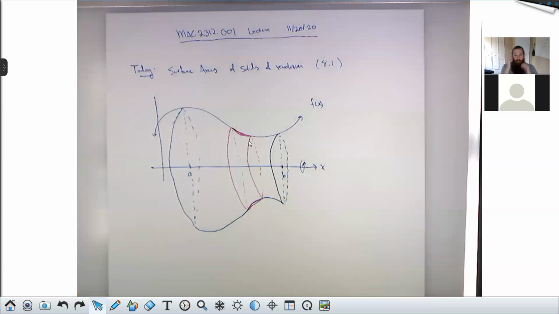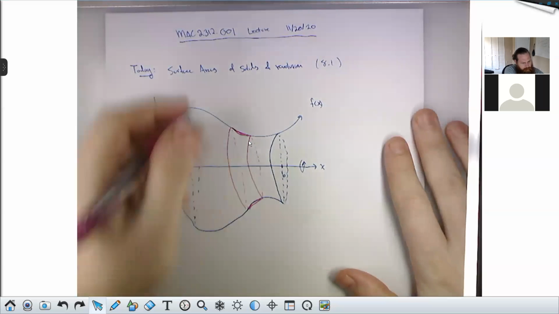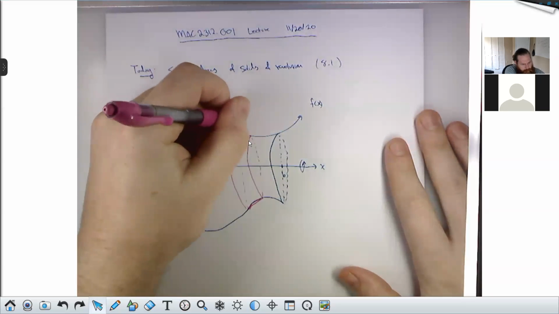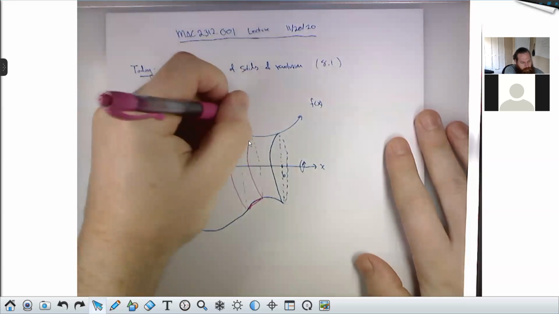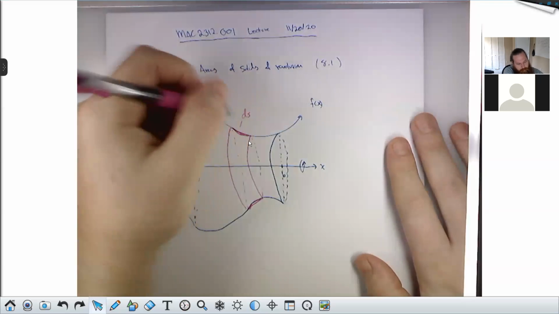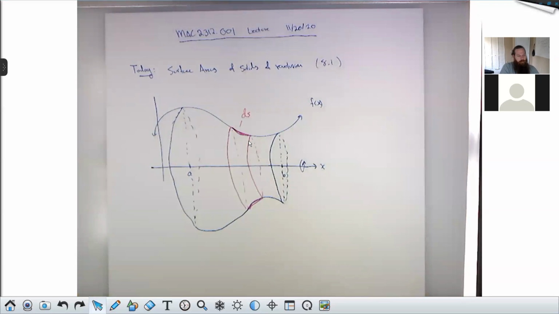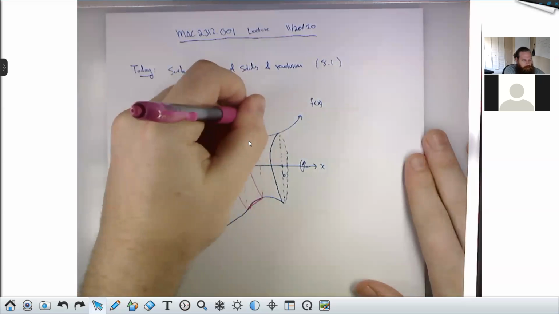And if we imagine that that little stretch of arc length is short enough, the normal notation here is ds. This is your little stretch of arc length.